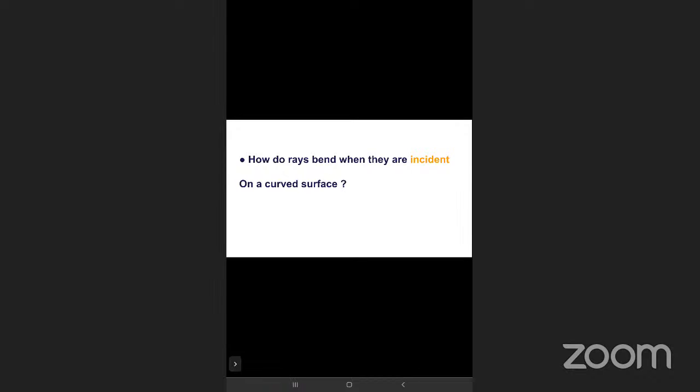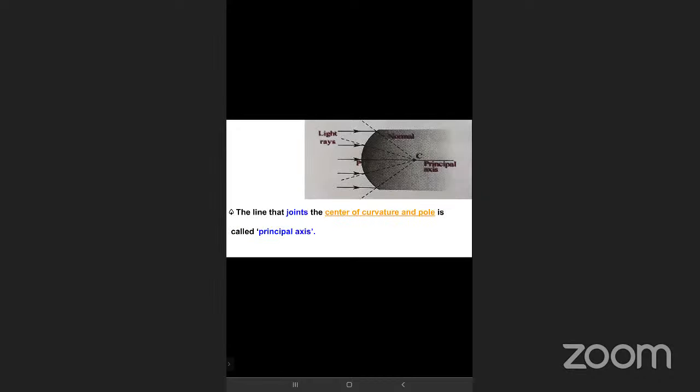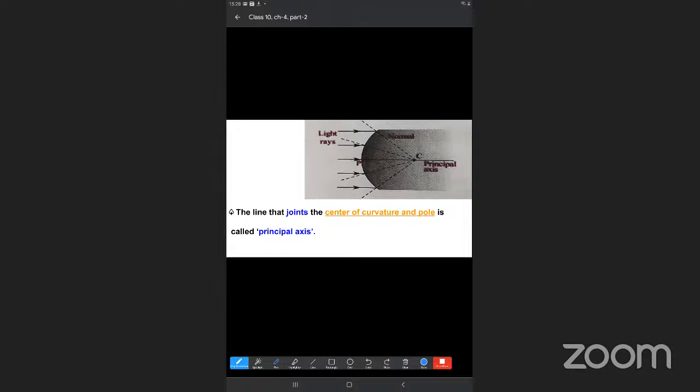Here, how do rays bend when they are incident on a curved surface? A ray will bend towards the normal when it travels from rarer medium to denser medium.